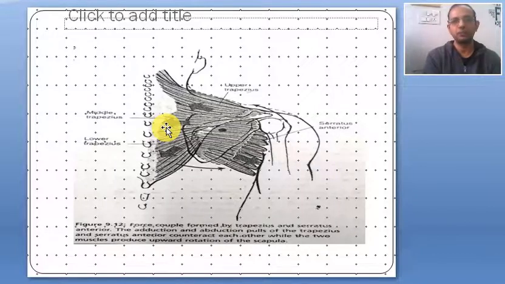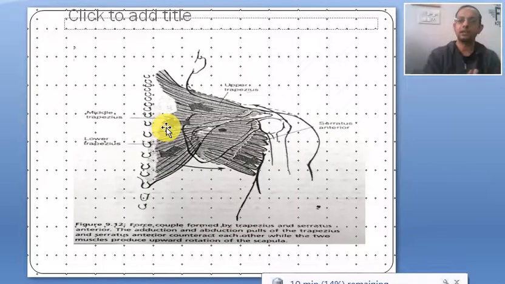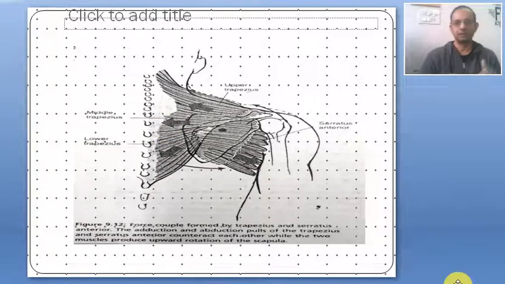So the middle trapezius force vector is being neutralized by the abduction force vector in the opposite direction, which is produced by the contraction of the serratus anterior. At the same time, the serratus anterior depression force vector is also neutralizing the upper traps elevation. So lower traps depression and the serratus anterior depression both are neutralizing the elevation of the upper trapezius muscle.